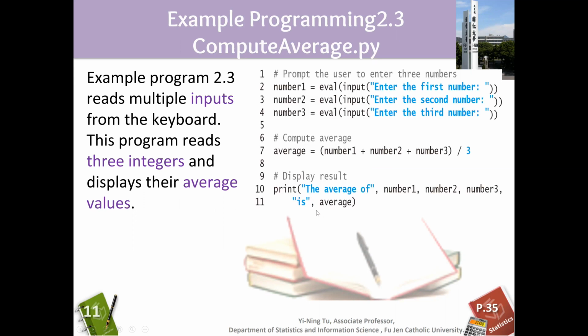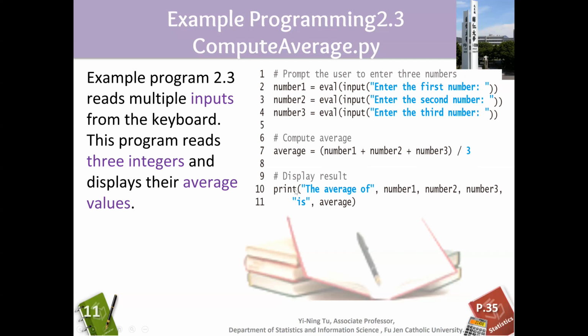So here, number1 = eval(input(...)): enter the first number, second number, and the third number. Then we compute the average of the user's 3 input values, so we put parentheses around the 3 numbers and divide by 3.